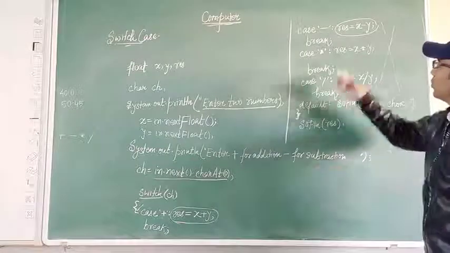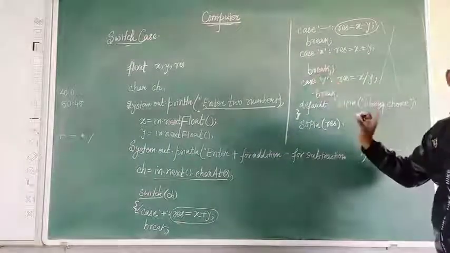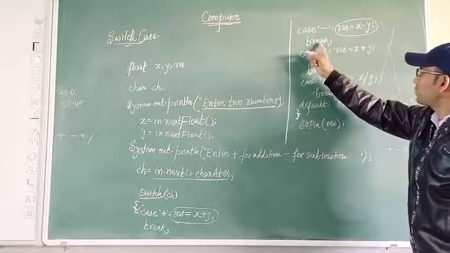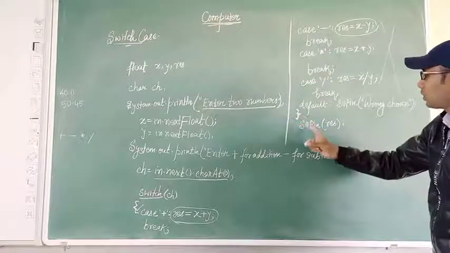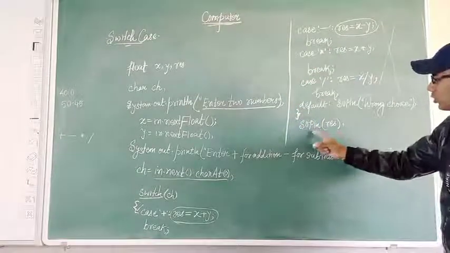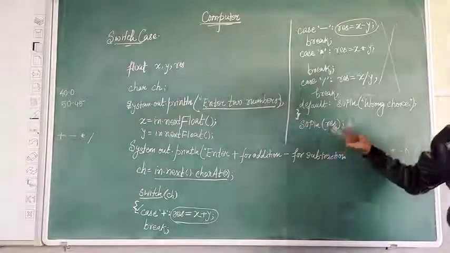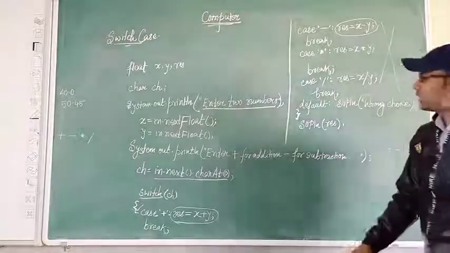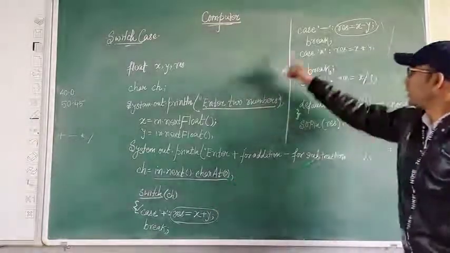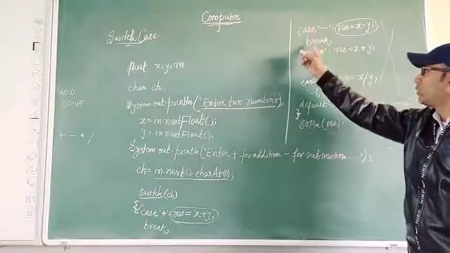So what is the point of getting inside all this? As soon as the compiler finds this break statement, it will come out of the boundary limit, System.out.println, result will be displayed, that's it, target achieved. Understood? Only if the target is not fulfilled does the compiler move forward.